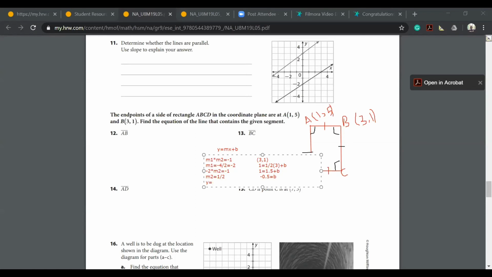So y equals half x minus 0.5, and I found my equation. So y will be 1 over 2 x minus 0.5. Understood? I think you will be having number 12 or something like this in the homework. So I hope it's understood for you how to get it.